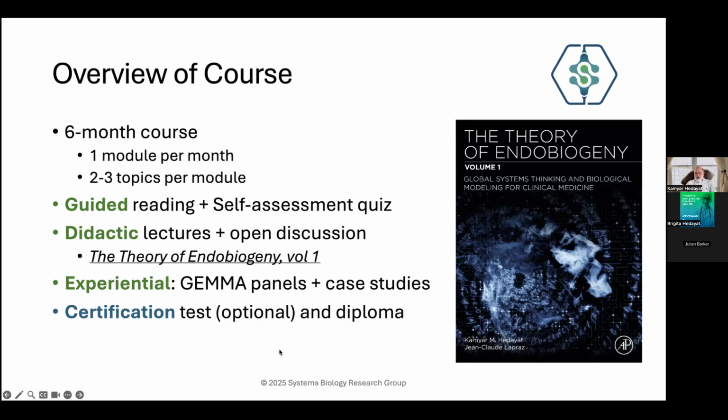Even in the first month, with the first module, you're going to start learning how to use the GEMMA analytical system for functional biomarker analysis through case studies. After you've completed the course, there is an optional certification test you can take and a diploma you can receive, and I'll tell you a little bit more about that.